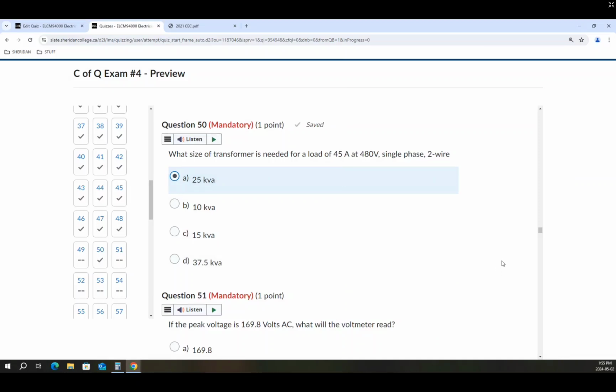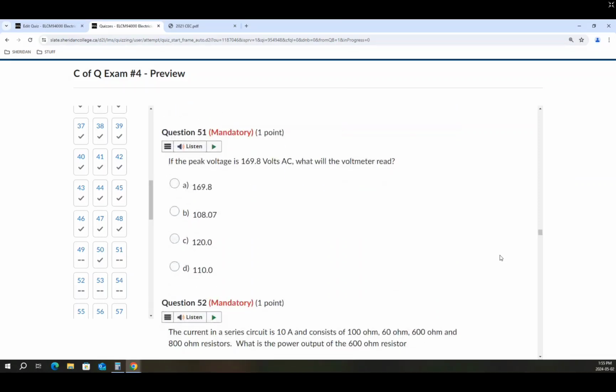Okay. 51. If the peak voltage is 169.8 volts, what will the voltmeter read?